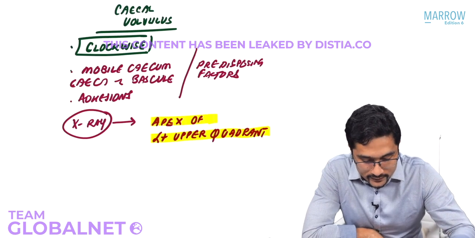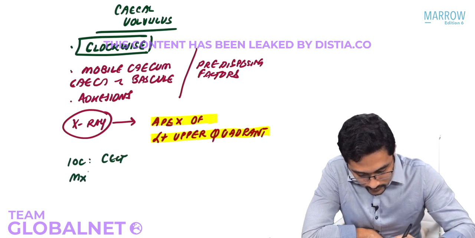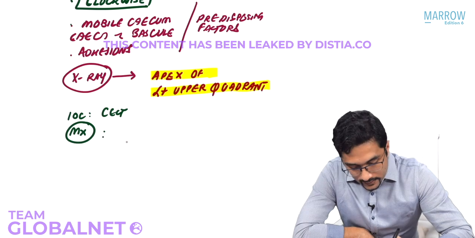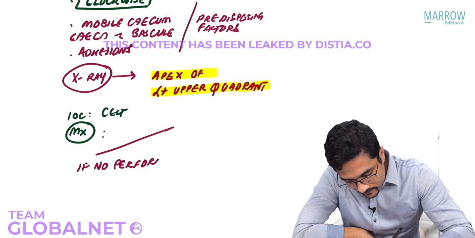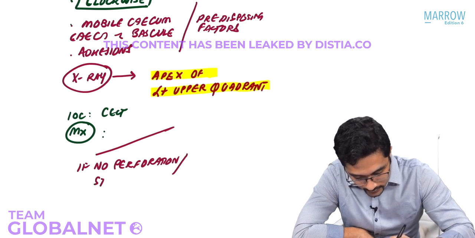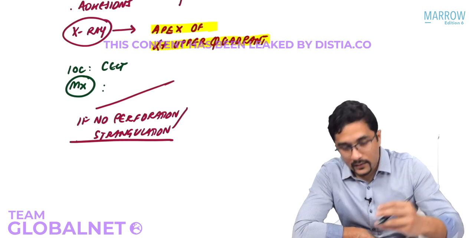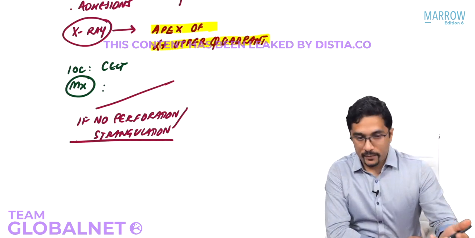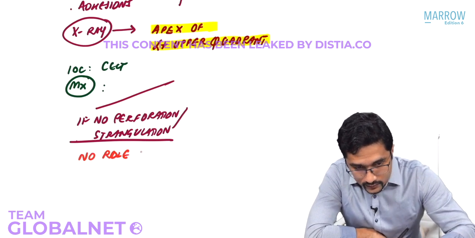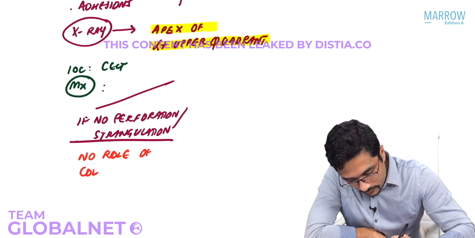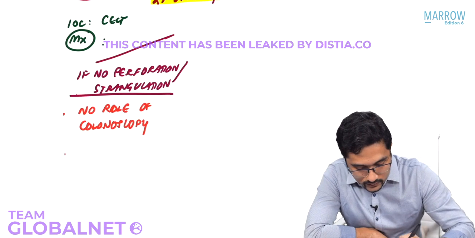Now, the management of cecal volvulus, of course, the investigation of choice is CECT. The management of cecal volvulus, if there is no perforation or strangulation: in sigmoid, we did a sigmoidoscopic decompression. But here, there is no role of colonoscopy. The management is going to be surgery.